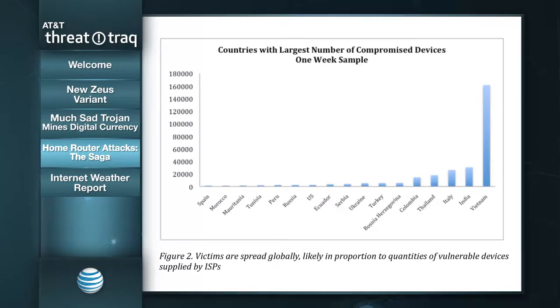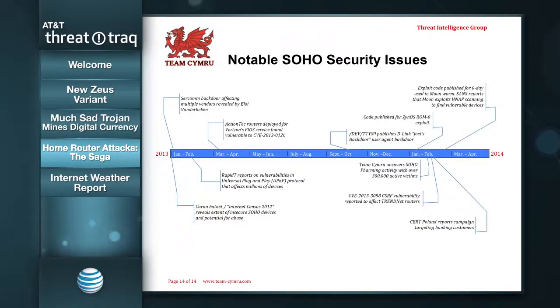For the last 14 months, there's been a lot of attention paid to these embedded devices, these home routers, small office, home office type routers, starting with the Karna botnet that we talked about quite a bit last year, up through the stuff that we've talked about the last few shows, including the Linksys, the Moon worm, and this one.